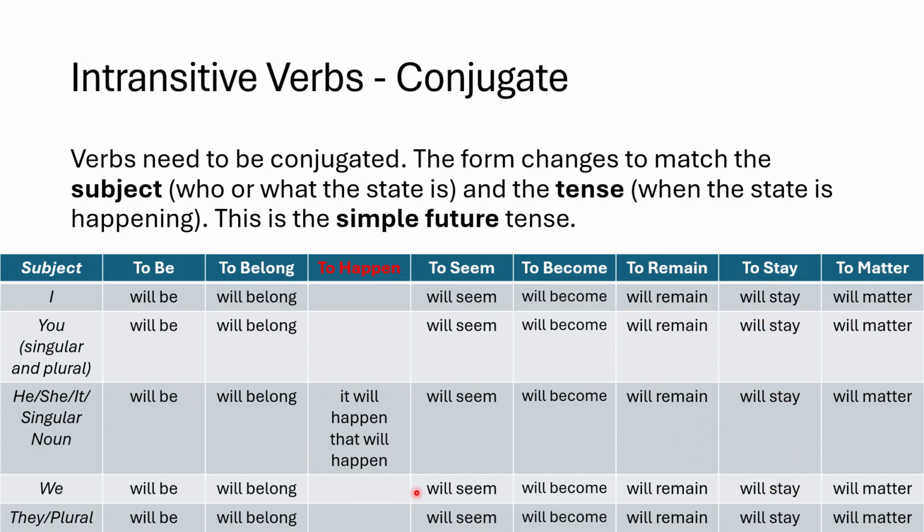Also, happen only works with it, that, or in a question, what. It can also be used in the prepositional phrase happen to. I will be, you will be, he will be, she will be, it will be, we will be, they will be.